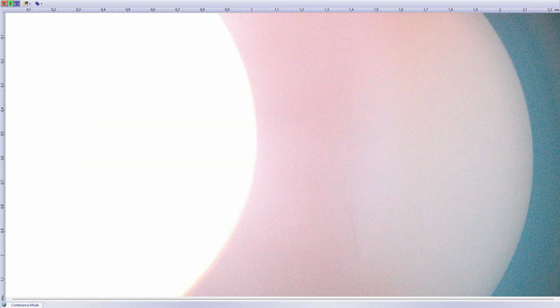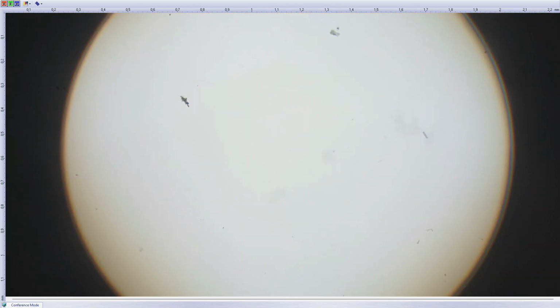So we can perform, of course, our immunohistochemistry, and the tumor proved to be biphasic.